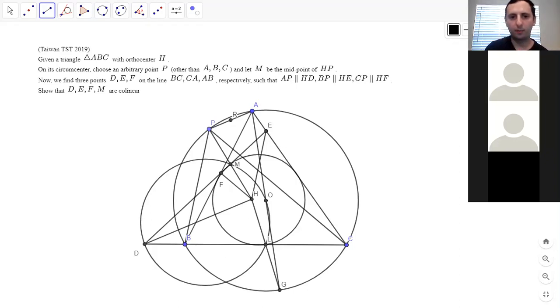So once we know RMLO is a parallelogram, do you see how that solves it? Wait a minute. Okay, take your time.